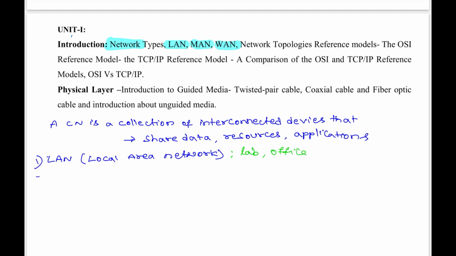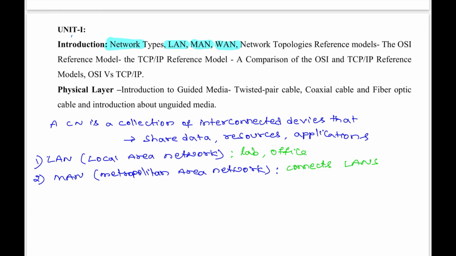And coming to the second one, that is MAN, the metropolitan area network. It connects multiple LANs across a city. Now moving on to the third one, that is WAN, wide area network.